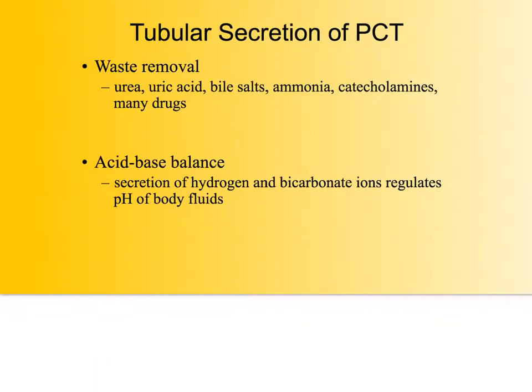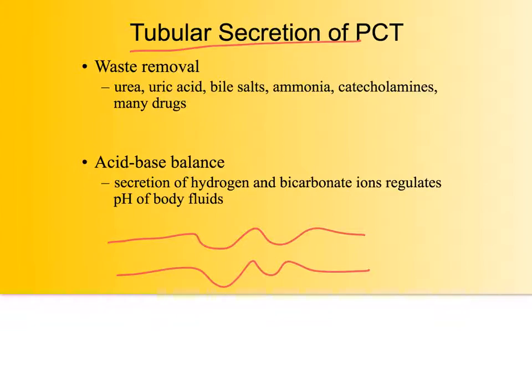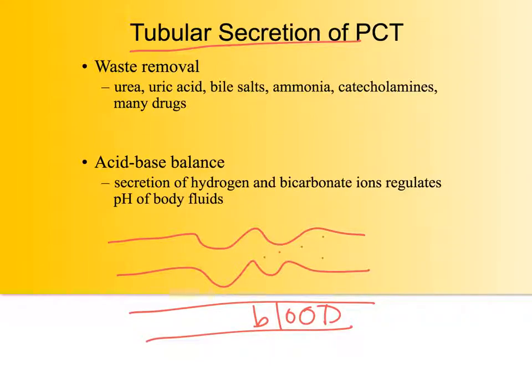Now tubular secretion. In the PCT, I'm making blood down here, which I shouldn't. I'm kind of messing you up. There are still wastes in the blood. It doesn't all come out.